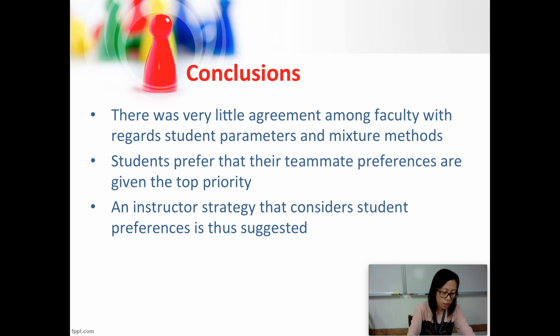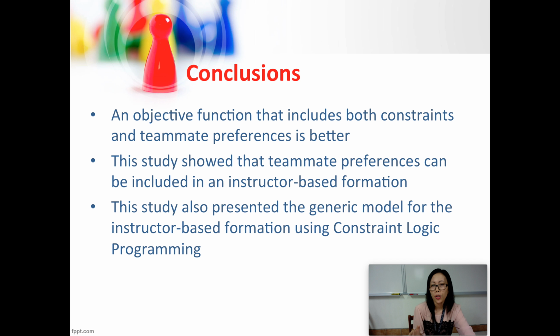Now, since the measures used in the study are quite disparate, in that one measure will be sacrificed for the other, we thus suggest that the objective function would include both the parameter constraints and the teammate preferences.